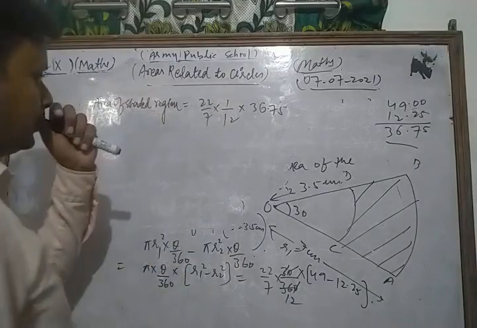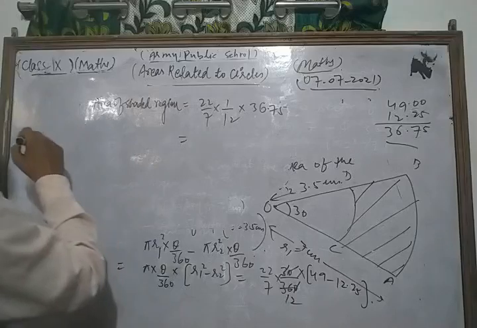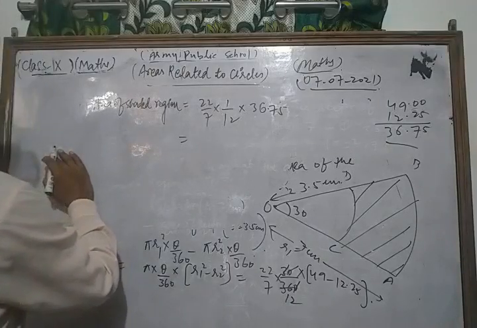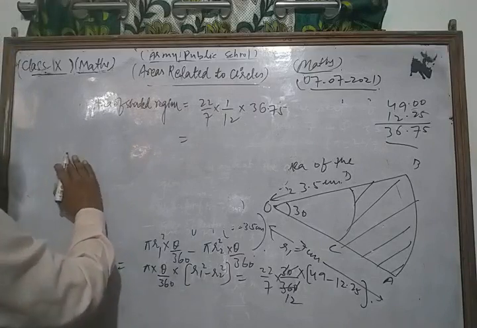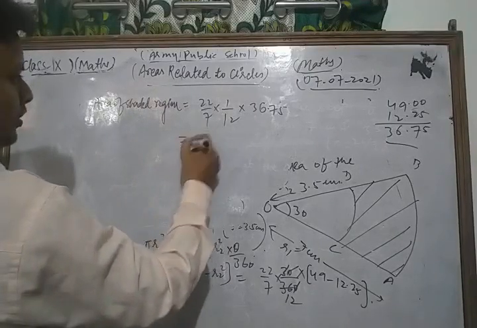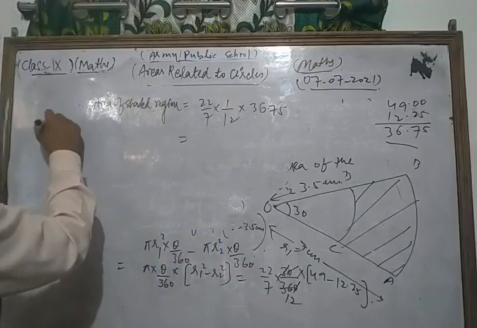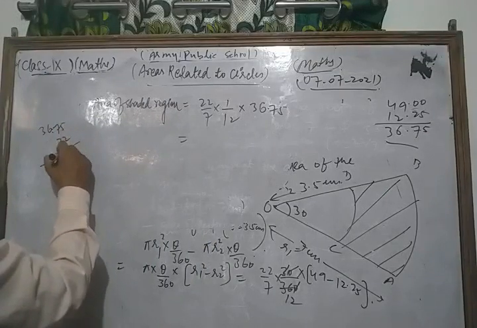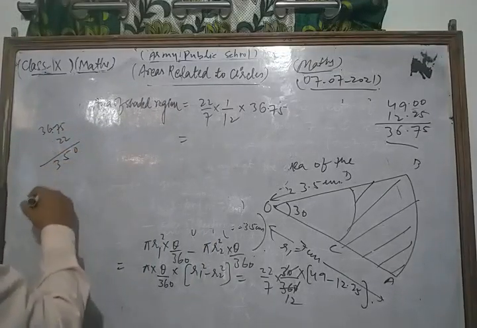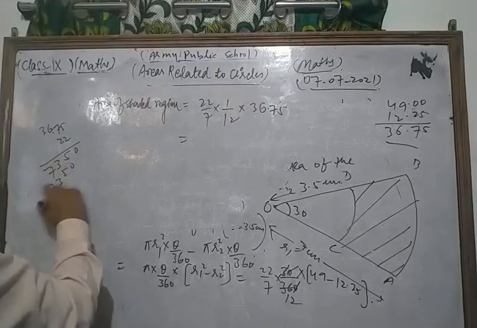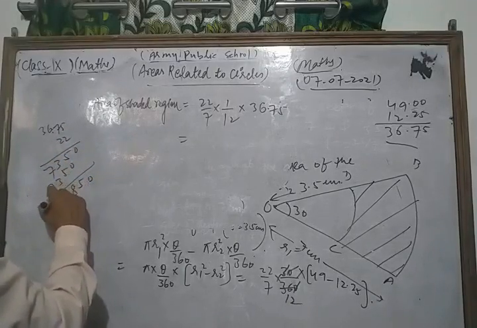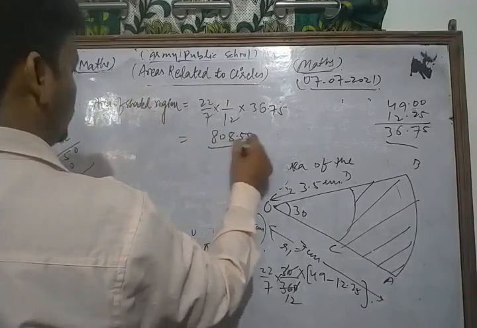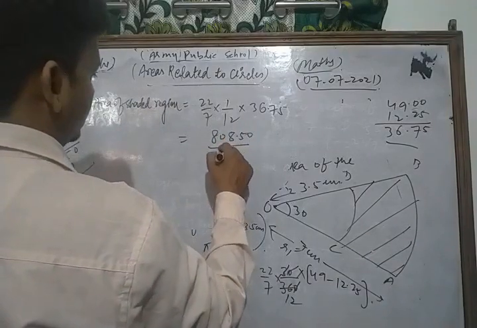After simplifying, now we multiply. We can write it in this way also: 36.75 becomes 808.50 upon 84.